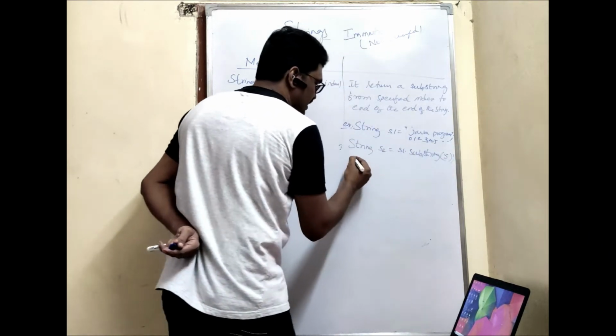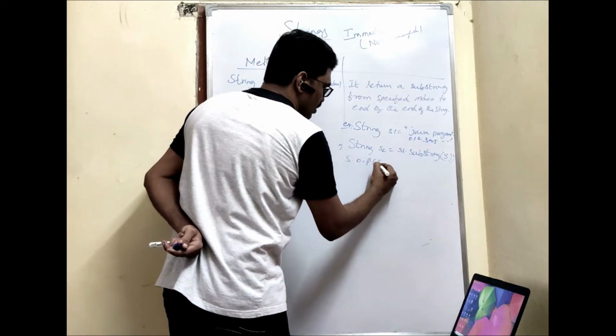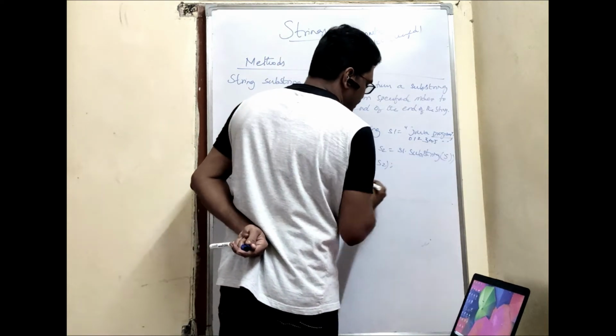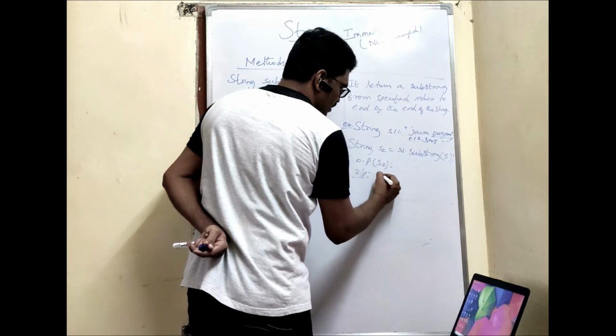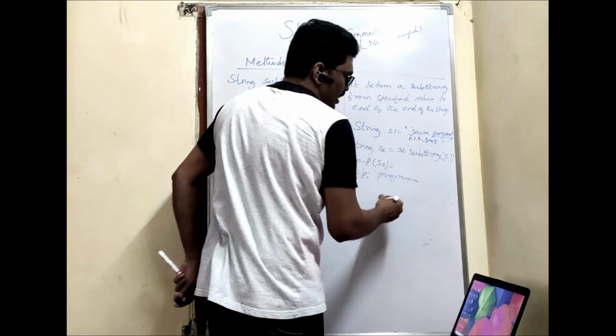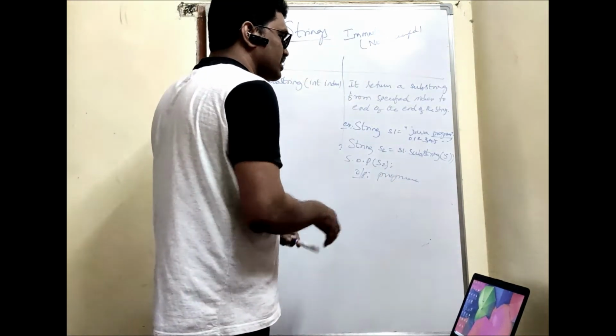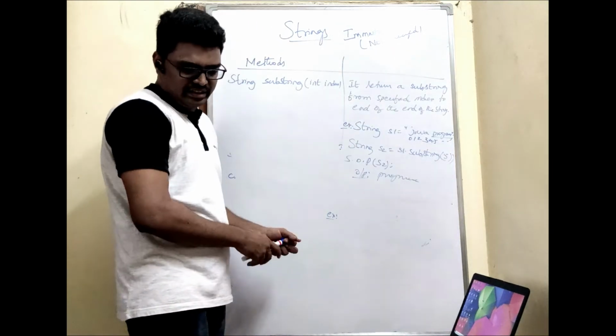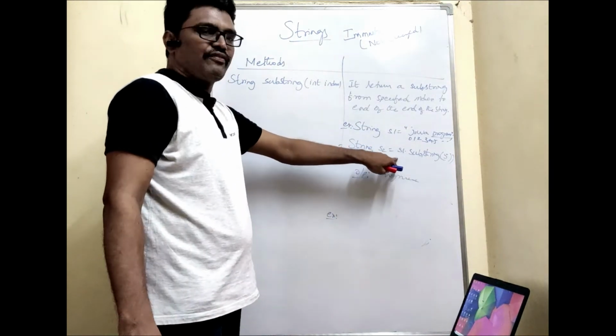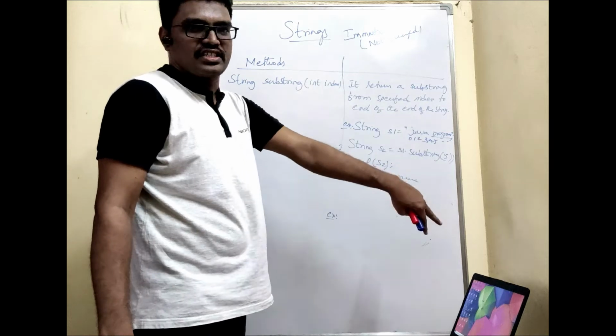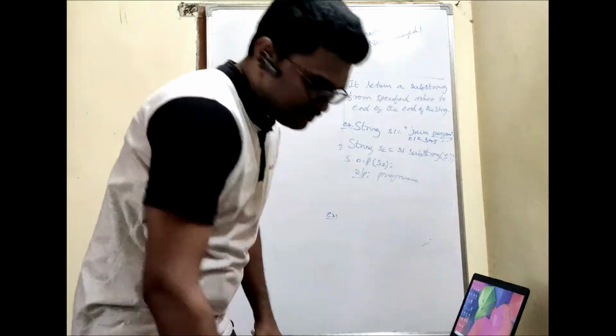From the fifth location, if I print System.out.println(s2), what is that? Program. I get the output as program. So substring is a method which generates the substring from the specified position to the end of the string.